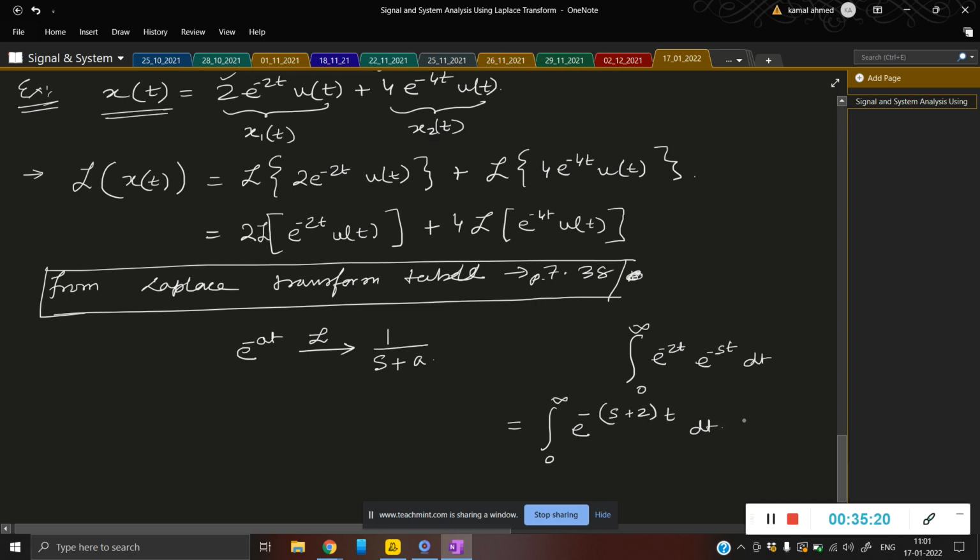So now you have to find the integration of e to the power minus (s plus 2) t.